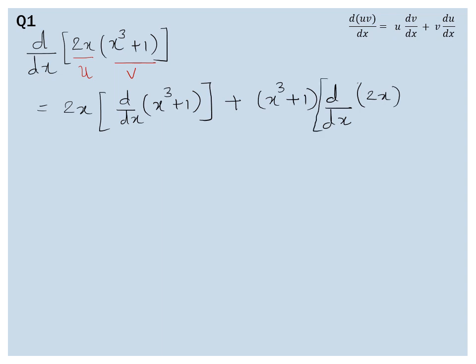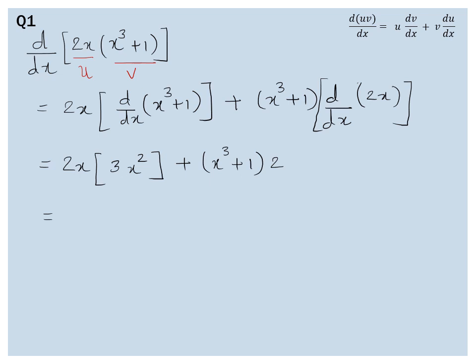So we can put a bracket over here, and this gives us 2x into derivative of x cube, which is 3x square, and derivative of 1 is 0, plus this x cube plus 1 as it is into derivative of 2x, which is 2.